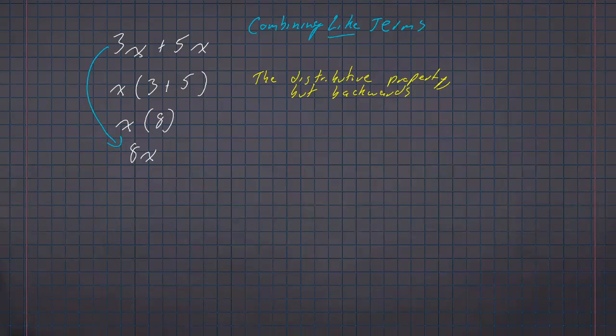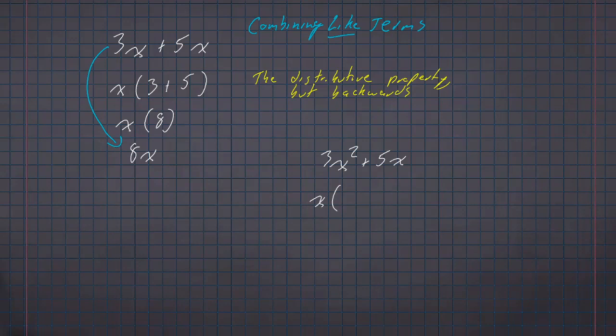Consider another example. 3x squared plus 5x. If I tried to write this out using the process I had before, I could write it as x times, well, x times 3 is 3x.